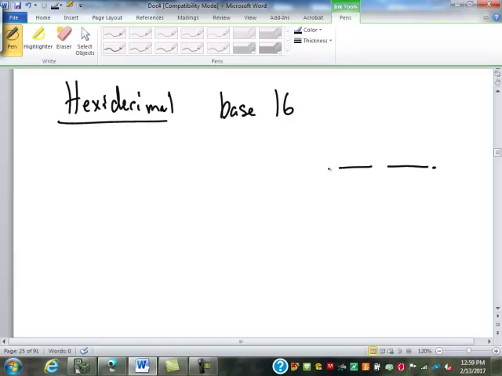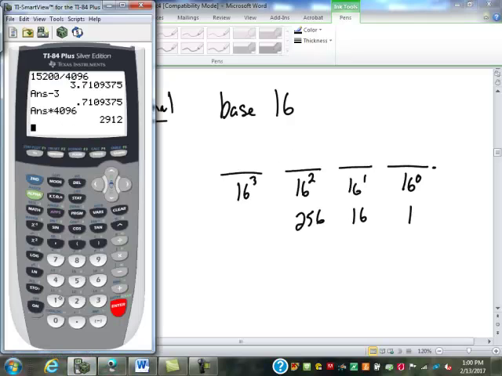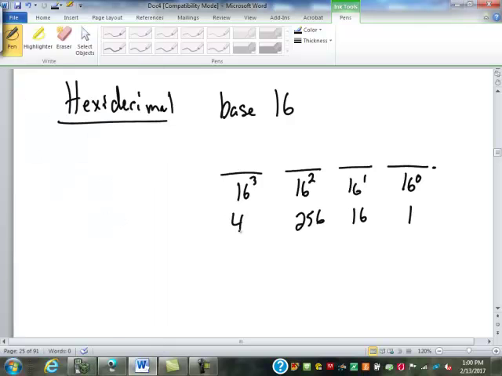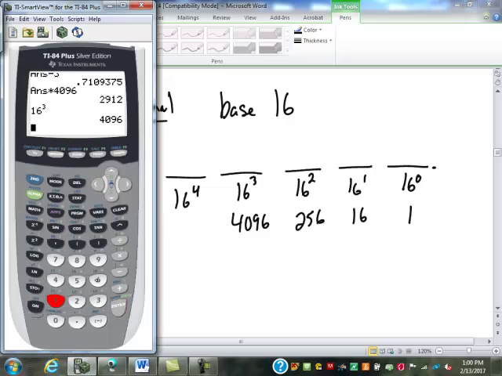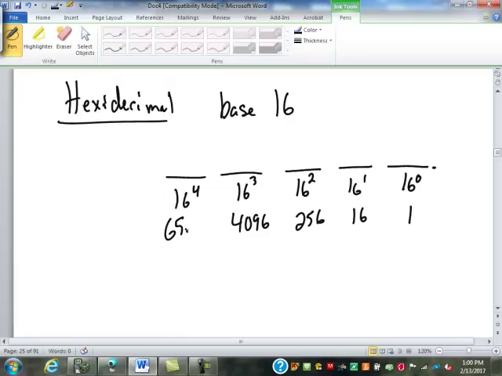So that means my place values, this is 16 to the 0 or 1s. 16 to the 1 or just 16. 16 squared is 256. 16 to the 3rd should be 4,096 again, yep. 16 to the 4th, we'll stop there because it's going to get really large. 65,536, perfect.